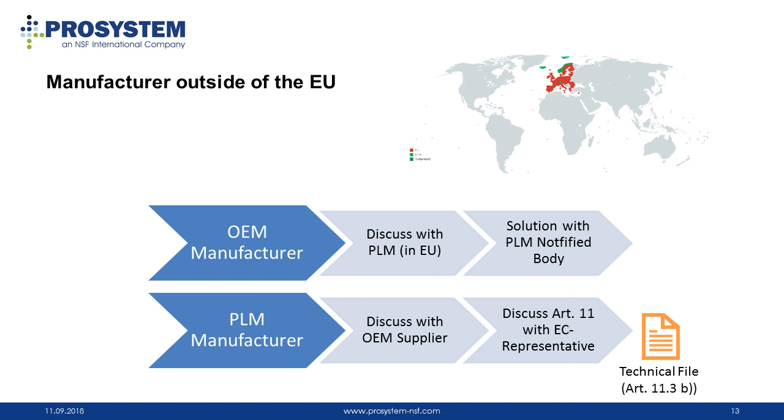And when you've found a solution, of course, if it's a product of maybe class 2A or class 2B or even class 3, this solution, of course, has to be discussed with the notified body of the private label manufacturer.